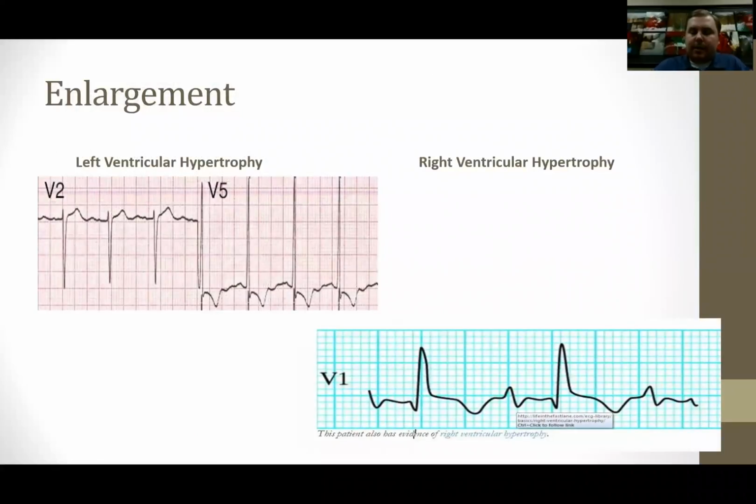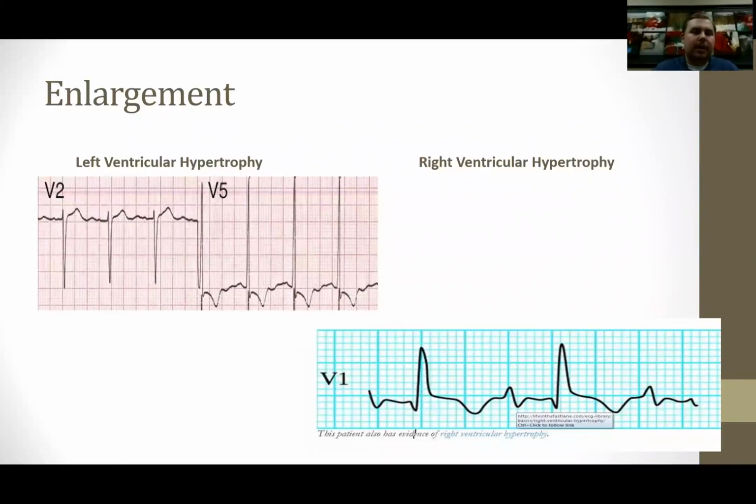Some other stuff that we can look at in this section is going to be left and right atrial enlargement. Left atrial enlargement, we're going to be looking in either lead 2 or V1, and there's just different shapes. The easiest way to find left atrial enlargement is if the P wave is greater than 3 boxes.